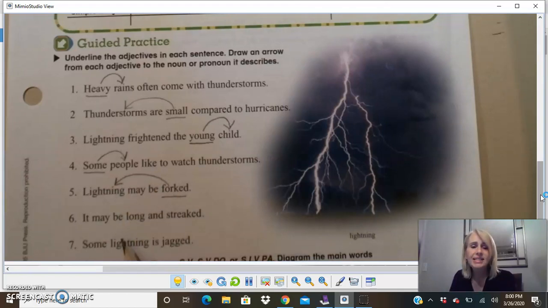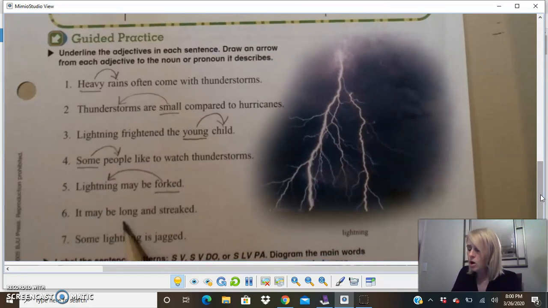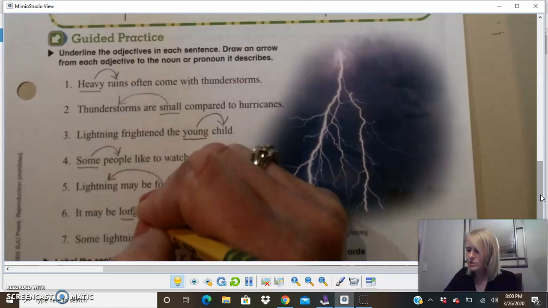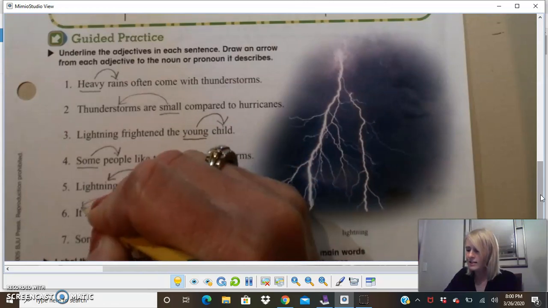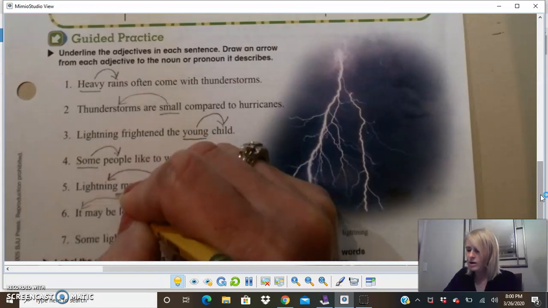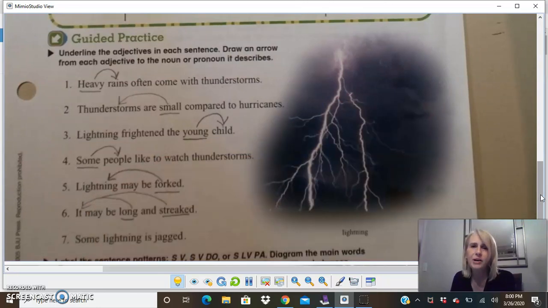And number 6, it may be long and streaked. Long and streaked are adjectives. And what is long and streaked? It is. So this one we're going to have a kind of double arrow right here, because there are 2 adjectives that describe it.